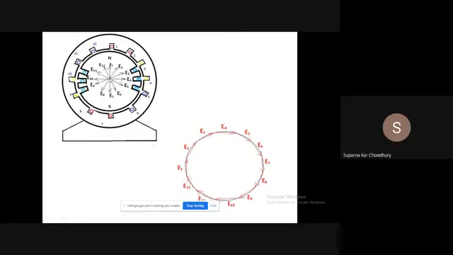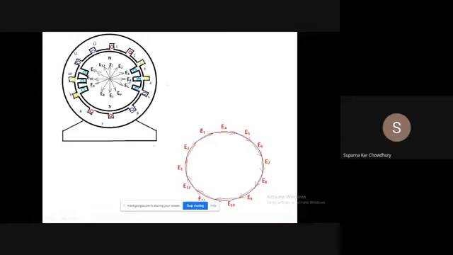But as the rotor rotates, for other points the EMF is varying. So the EMF induced in these conductors is alternating in nature.